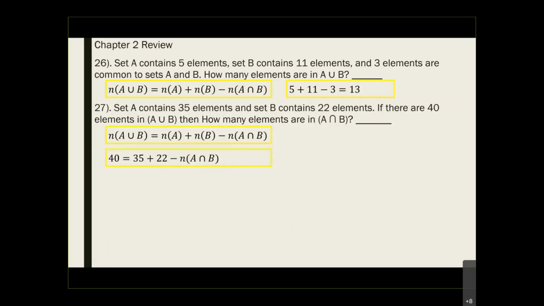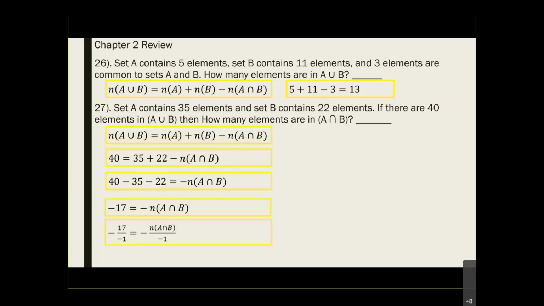I need to know what A and B is, so I can subtract the 35 and subtract the 22, which gives me a negative 17. Because there's a negative in front, I can divide by a negative 1, which gives me 17. So there are 17 items that A and B have in common. It's just a reverse of the formula: I plug it in and do the reverse algebra.